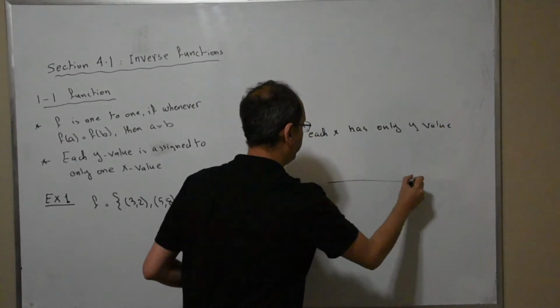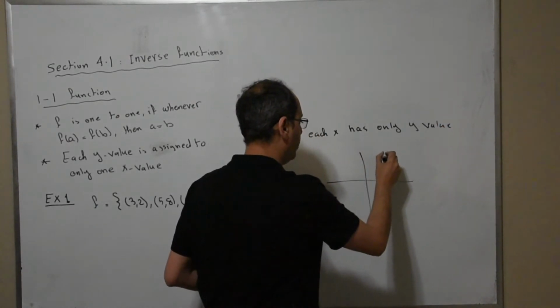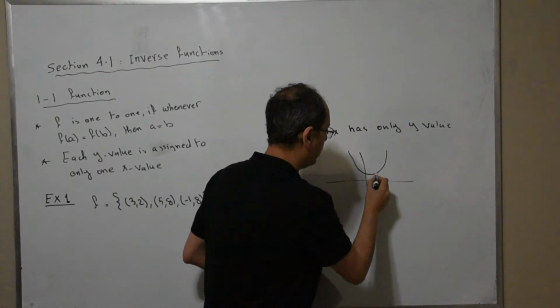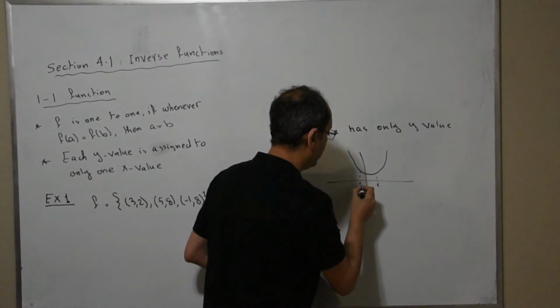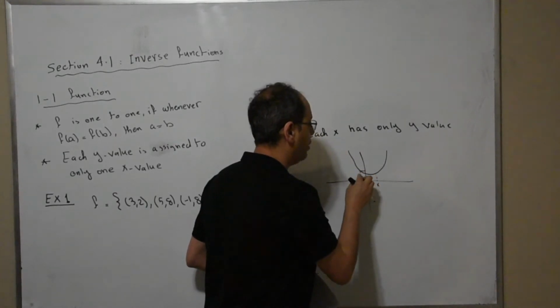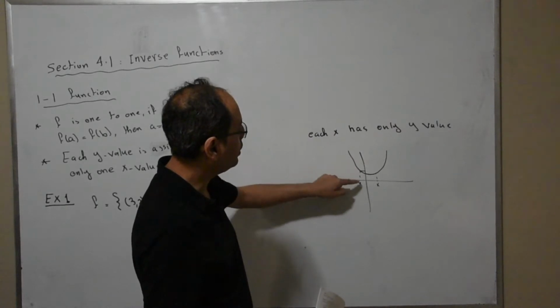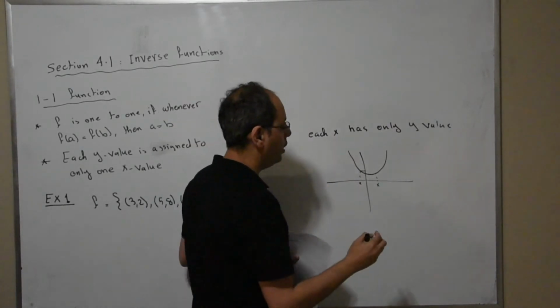For example, x squared. Each x has only one value. So that means that x cannot have two values.